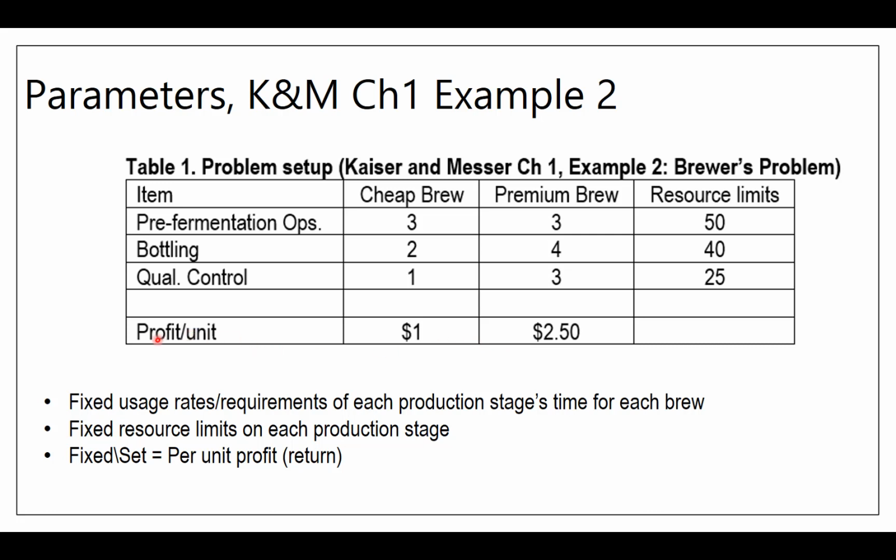We should talk about the definition here being profit per unit. We're using profit in its most general sense to mean whatever the objective is. It could be the profit measured as the return above variable cost, because we know that the way we're getting the cost in for this operation and bottling and quality control is through these resource limits.